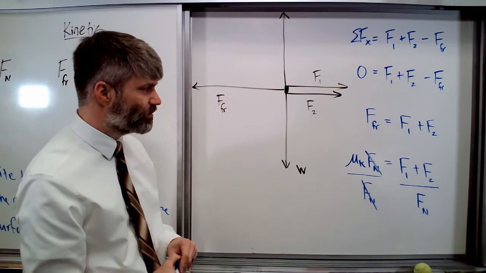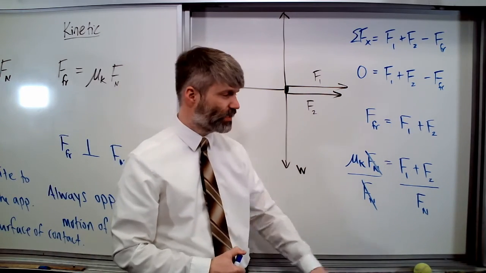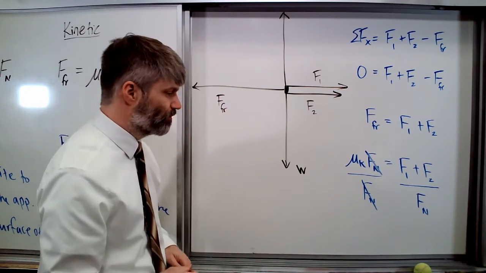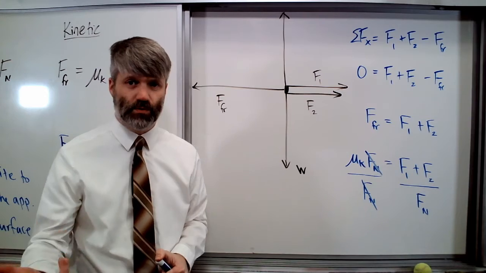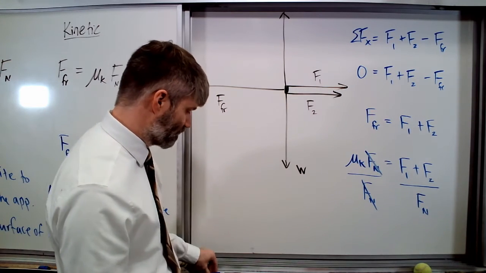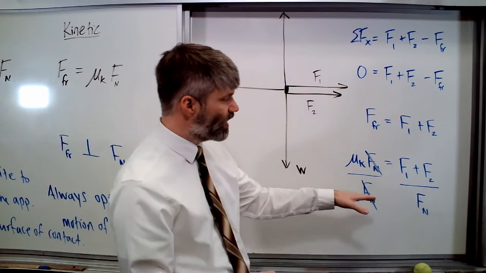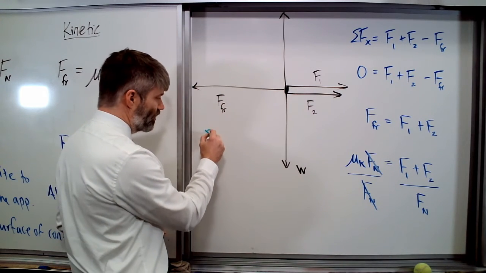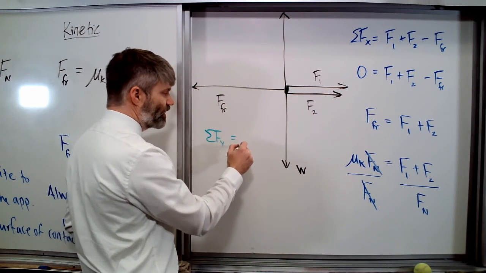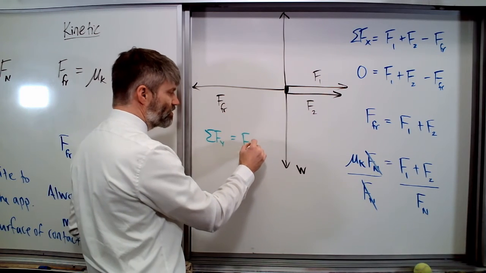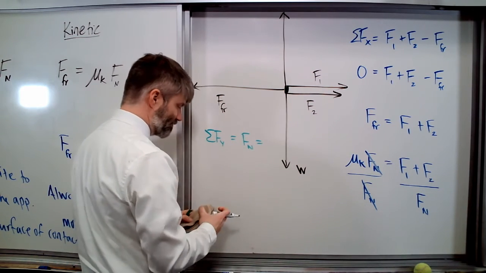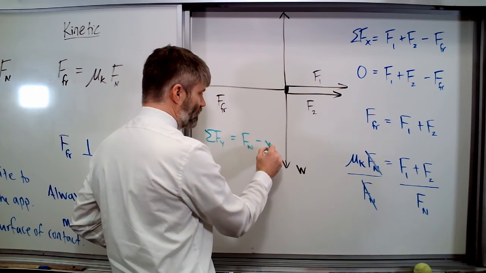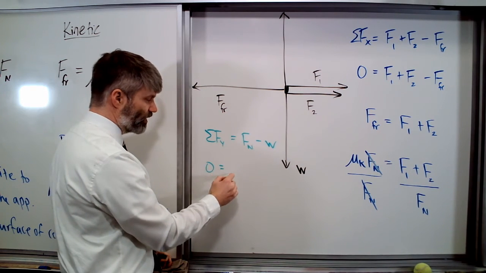You may have noticed, too, that mu k has no units because it is newtons divided by newtons. So there are no units for the coefficient of kinetic friction. Now, once again, we'll have to know what the normal force is, and we'll see, just like we did before, by summing the forces in the y direction, that it is equal to the weight, W, not accelerating up or down.